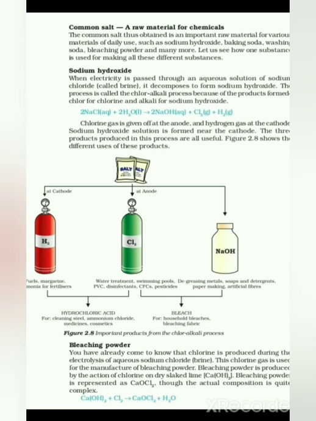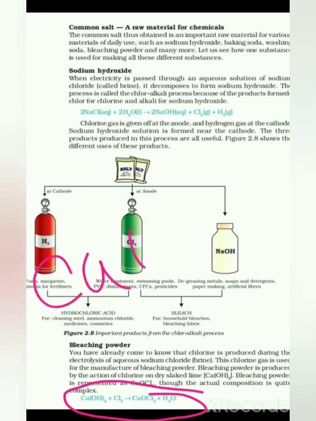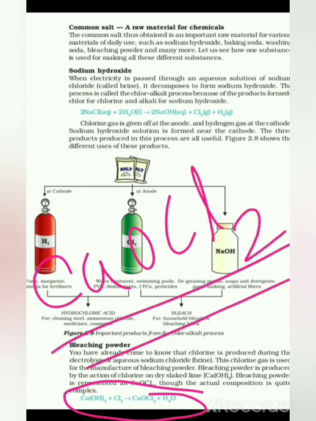So the reaction is given: Ca(OH)2 plus Cl2 gives CaOCl2 plus H2O. The CaOCl2, calcium oxychloride, is the bleaching powder which we are using in disinfecting water or in swimming pools.